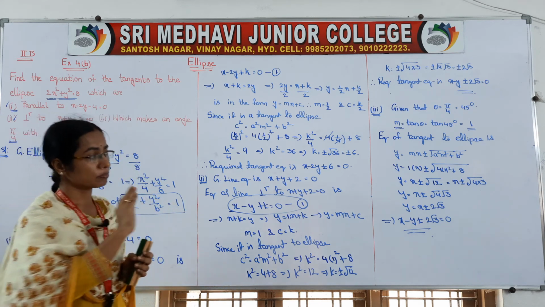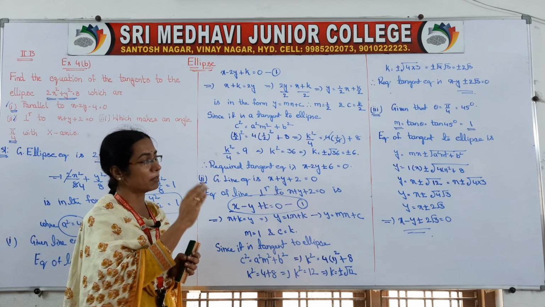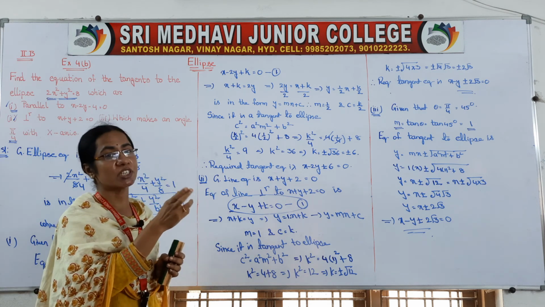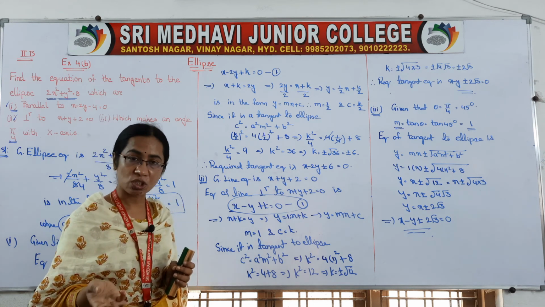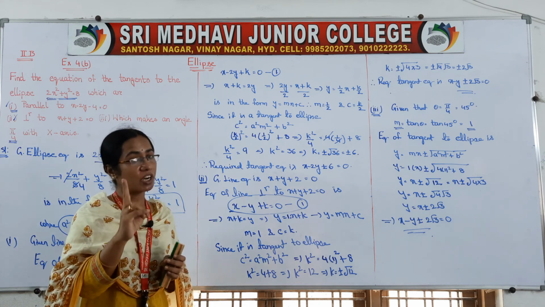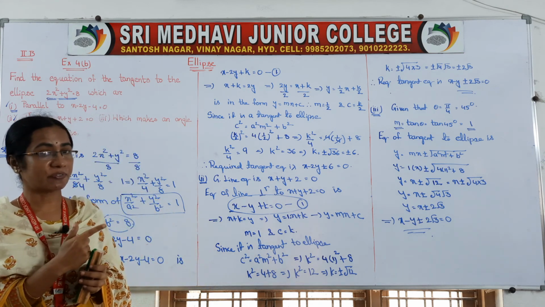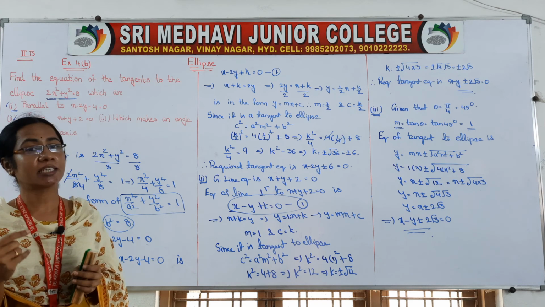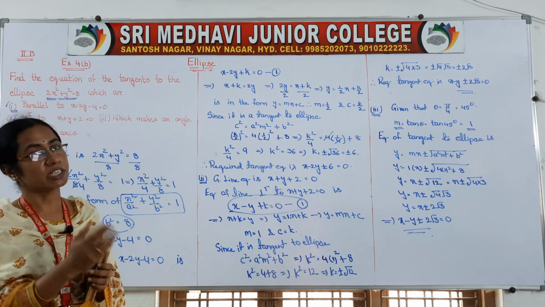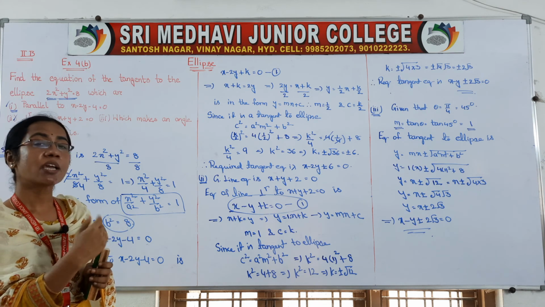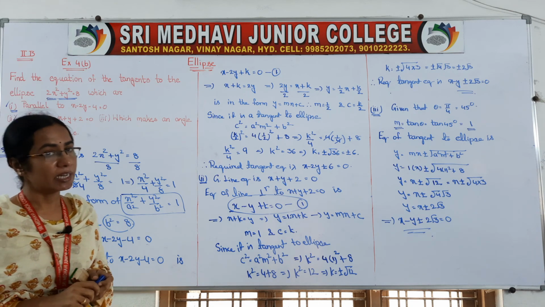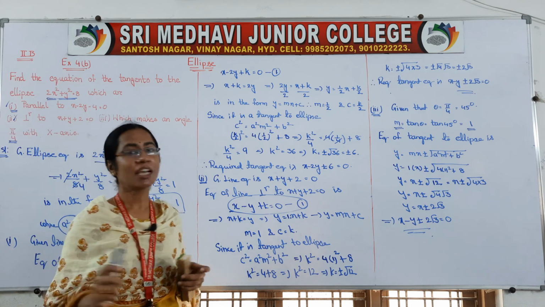Then substitute into y is equal to mx plus or minus root of a square m square plus b square. That is the equation of the tangent when we know the slope m and the a square, b square values. Substituting, we get 2 tangents satisfying this condition of making an angle theta with the x axis: x minus y plus 2 root 3 is equal to 0, and x minus y minus 2 root 3 is equal to 0, the other tangent to the ellipse.